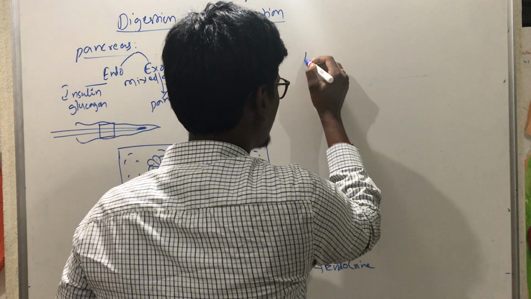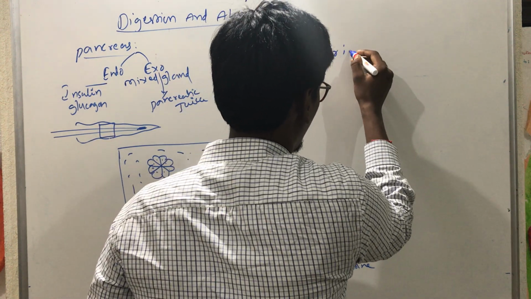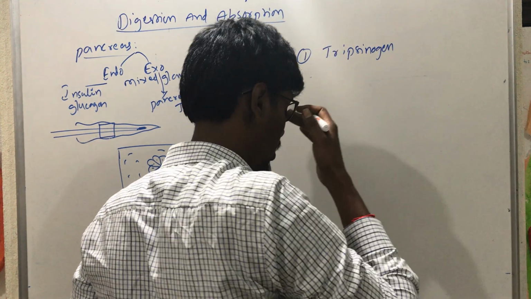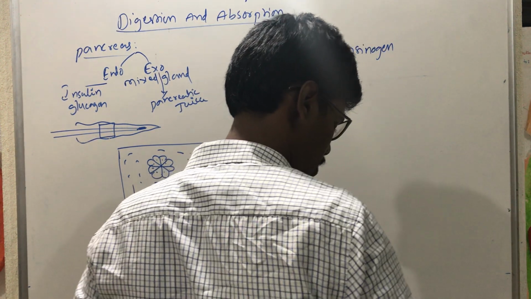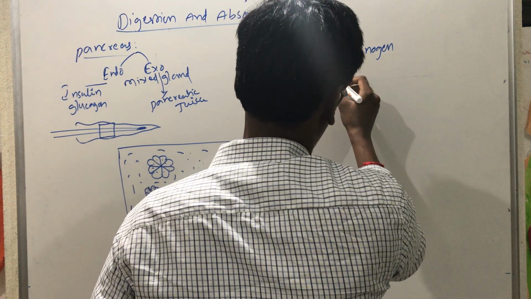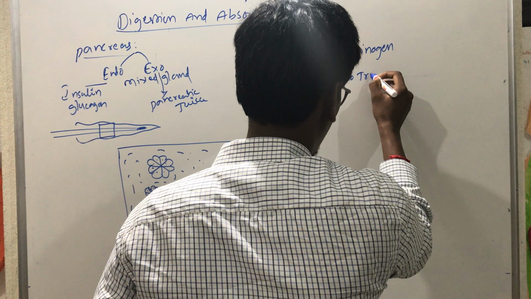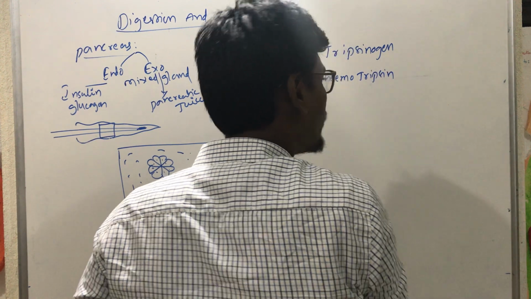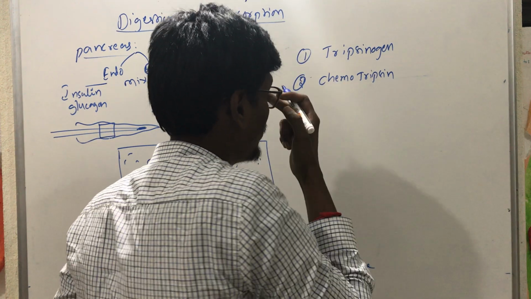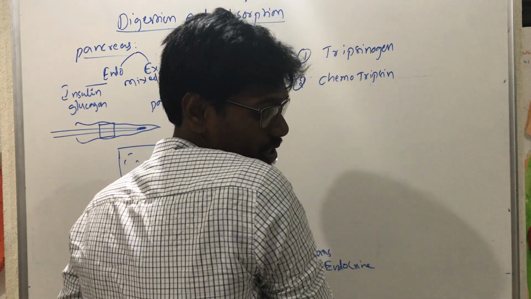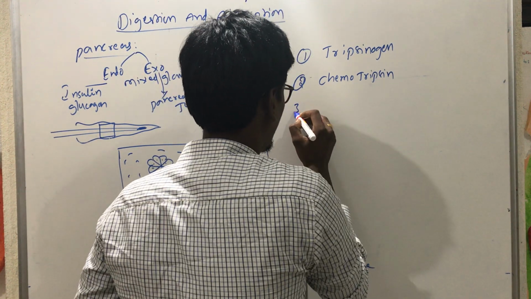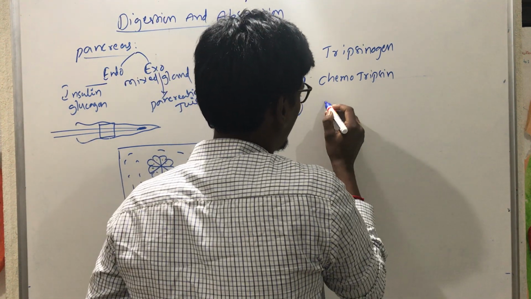First, it is called trypsinogen. Second is chymotrypsin. Third is carboxypeptidase.